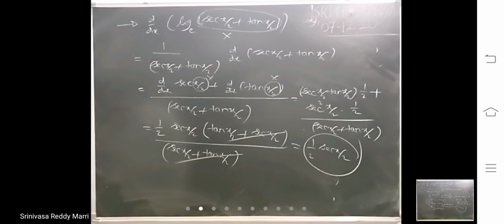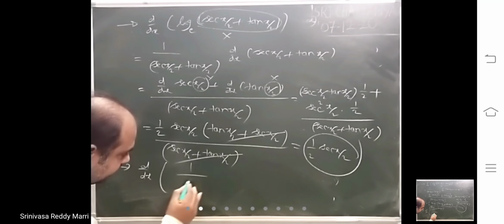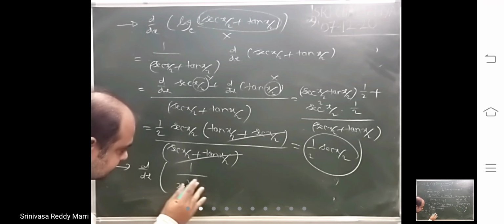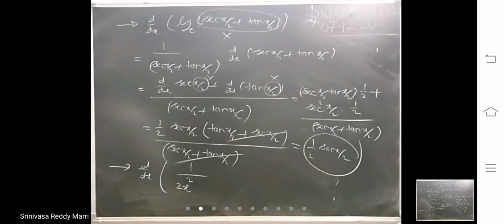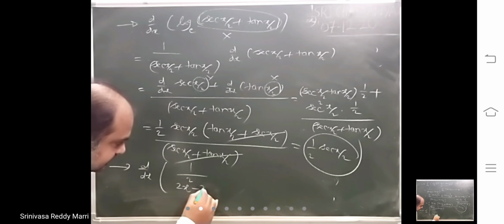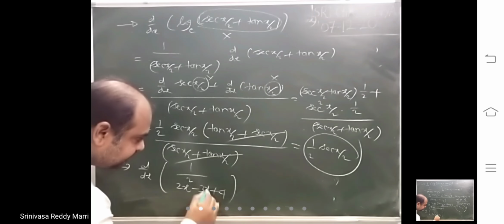Look at next. Next, look at d by dx of 1 by 2x square minus 3x plus 4.